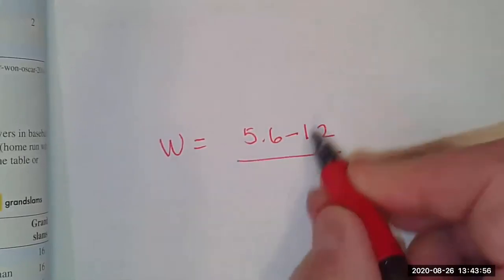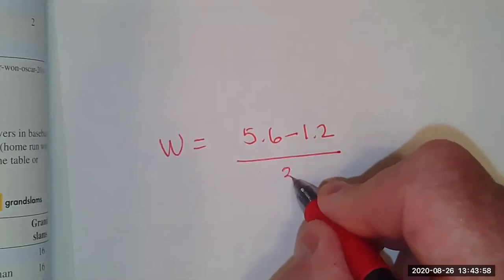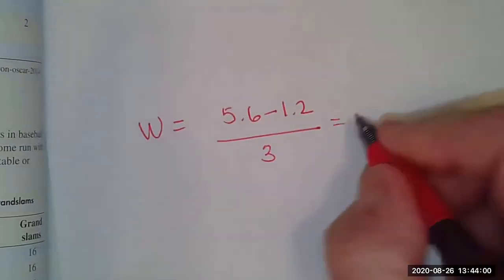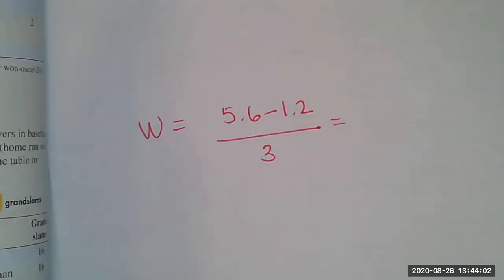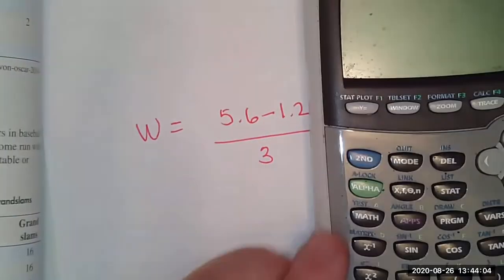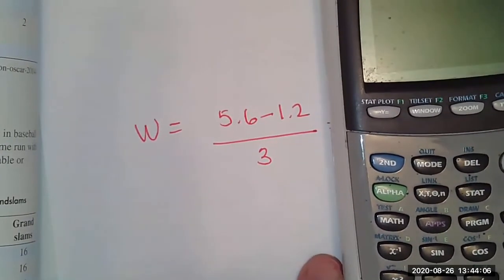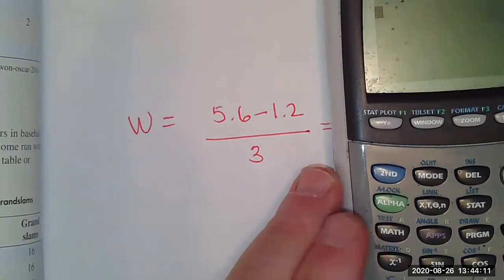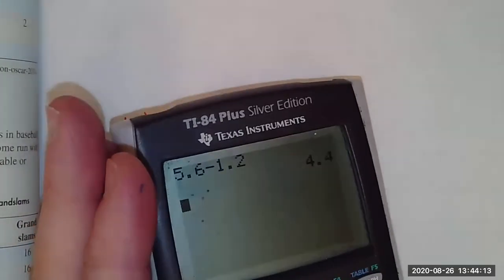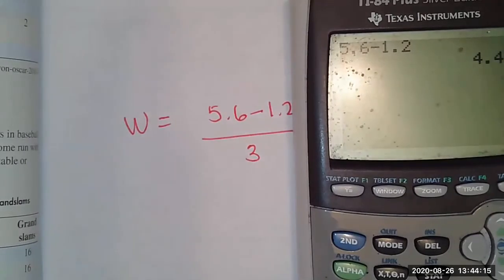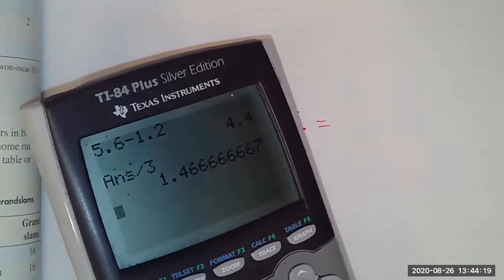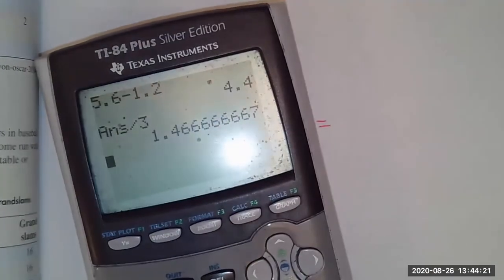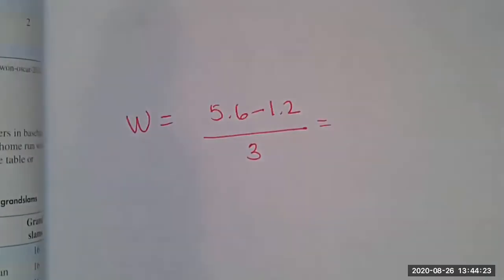And let's say we do 3. I'm going to take my calculator. So I see 1.46666666, approximately.